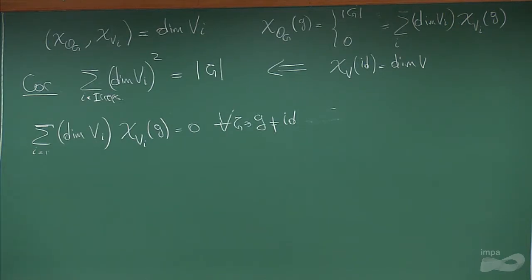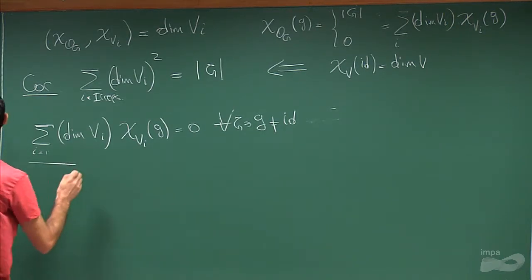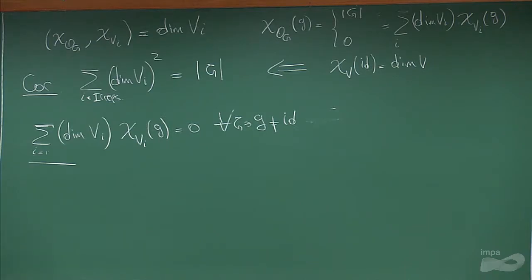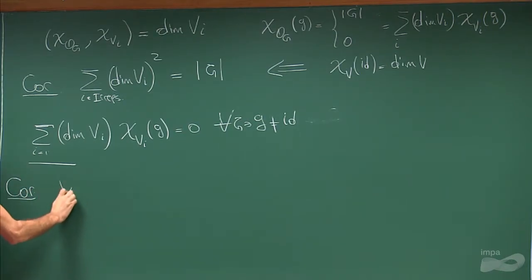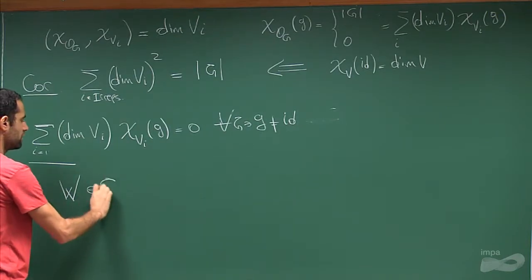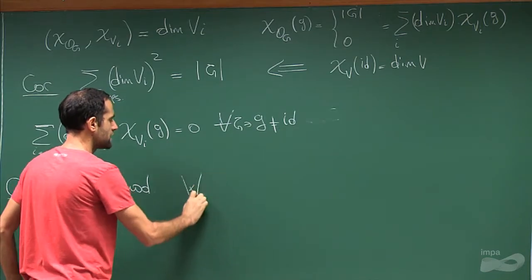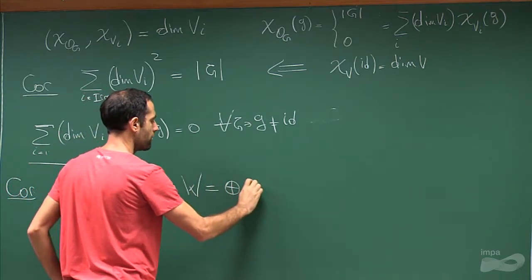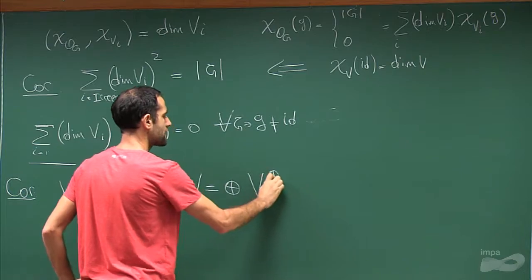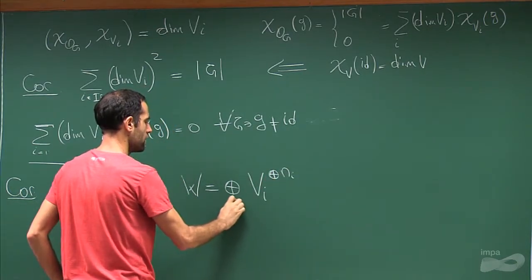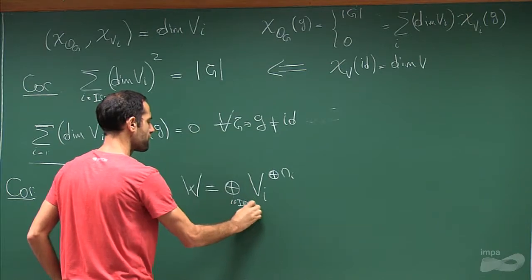The other corollary, from the notion that these characters were an orthonormal basis of this space H, is the following: if W is any finite dimensional representation of G, then W is written as a direct sum of Vi to some Ni, with i in the set of irreducible representations.